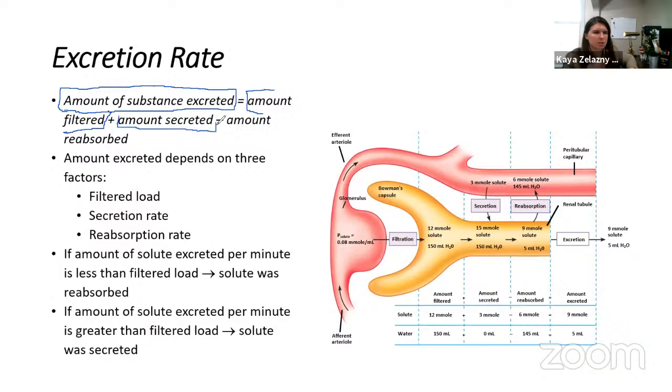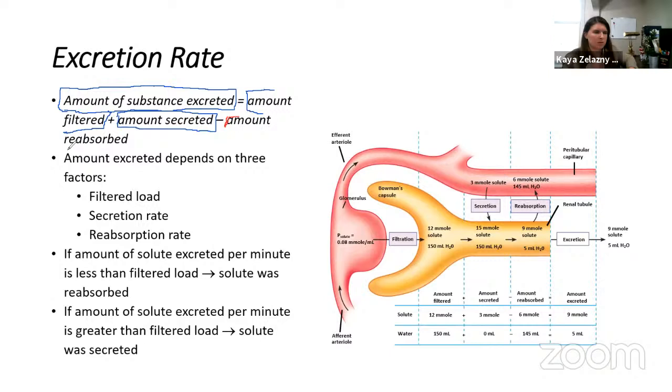So any additional molecules that we put into there, so any additional amount that moves back into the filtrate from the paratubular capillaries, for example, minus the amount that we reabsorbed, right?